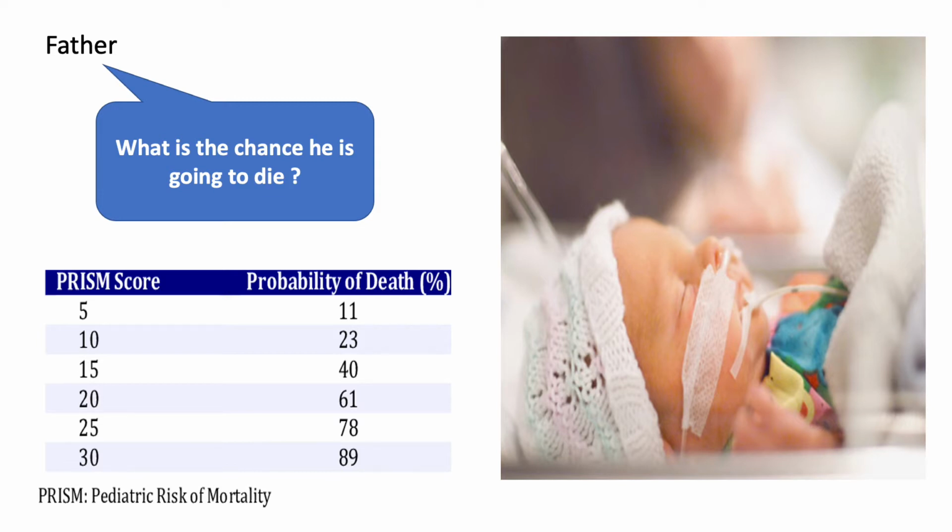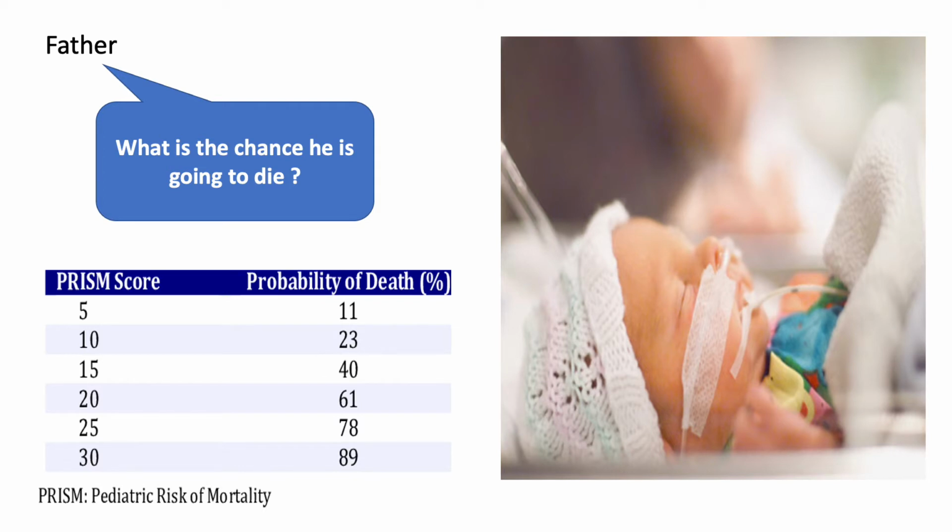Don't tell me now that probability is just a theoretical topic that does not do anything with clinical care. I think I have convinced you by now that it is a very practical topic in your daily life.